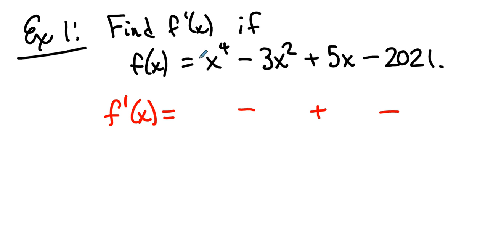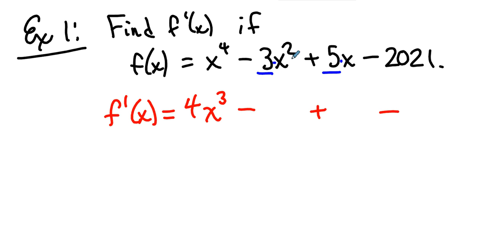And then we learned the power rule. We learned that when we see x to the n, the derivative is nx to the n minus 1. And we learned that when you see a constant multiple in front, we take the derivative of the x squared or the x, and then we multiply by the 3 or by the 5.